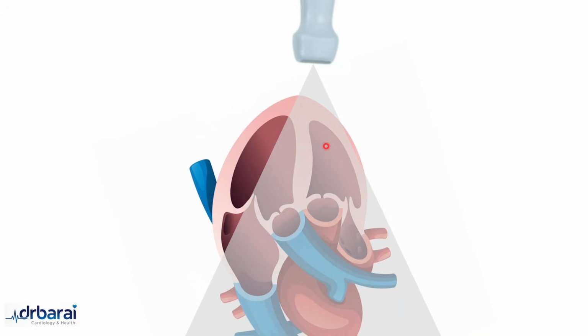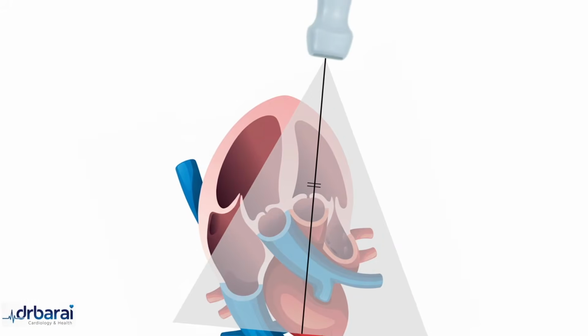So let me show you how it is measured in real life. So that's my phased array probe, and we have got the pulse wave Doppler signal, and as you can see, I am applying the signal exactly just below the aortic valve in the left ventricular outflow tract.